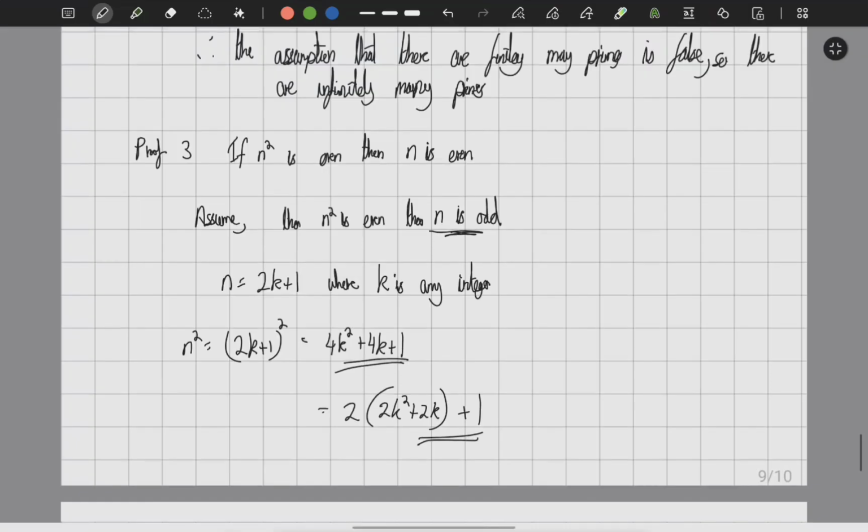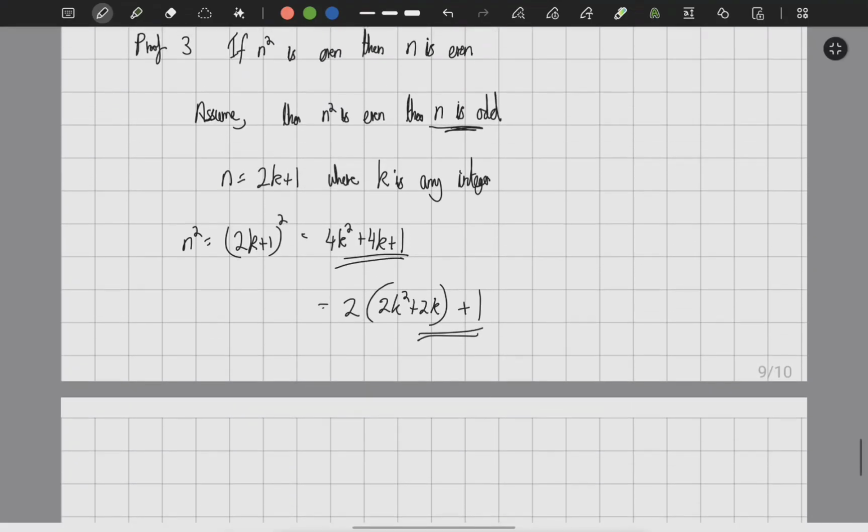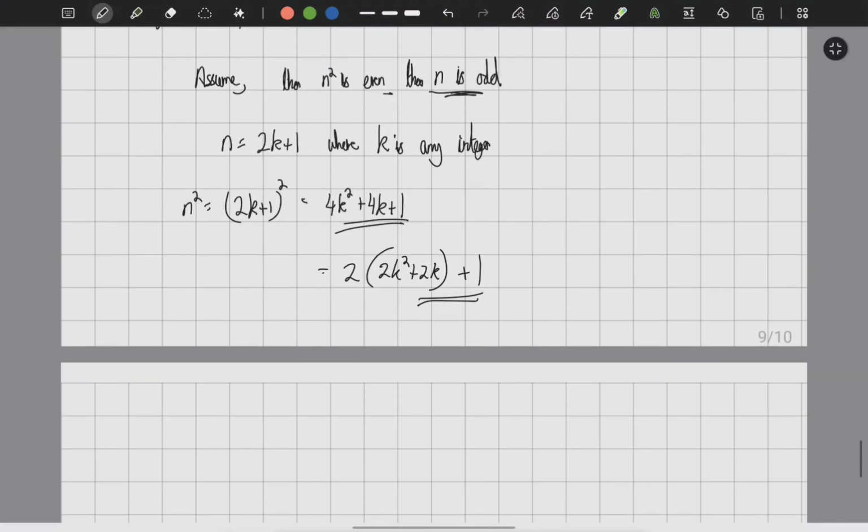However, we assumed n squared is even to begin with. This and this cannot be true at the same time, because we figured out n squared is odd, but we said it was even to begin with, so this cannot be possible at the same time.